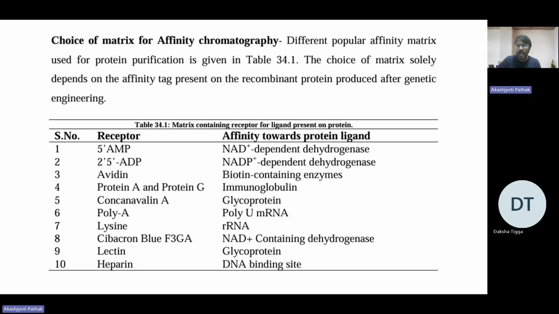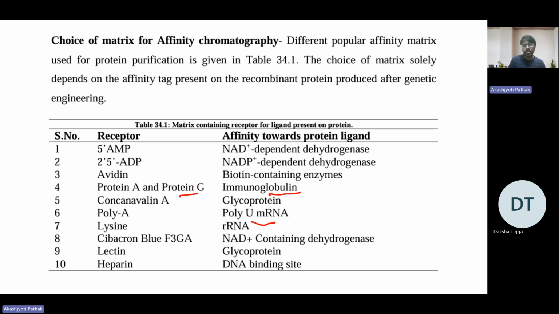If your protein has a biotin group, you will use avidin or streptavidin. If it is an immunoglobulin, if you are trying to purify your therapeutic antibody protein, what type of column will you use? You will use a protein A or protein G column.